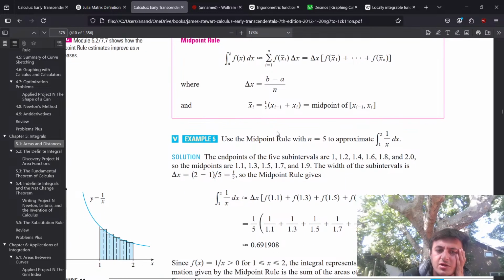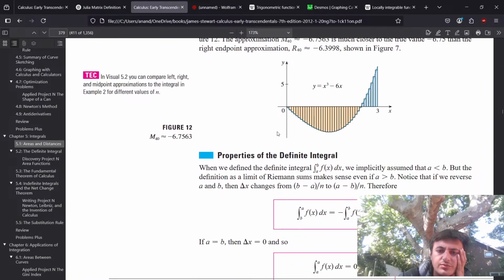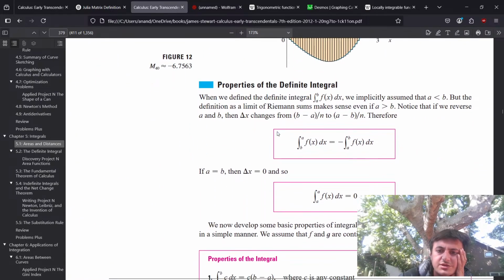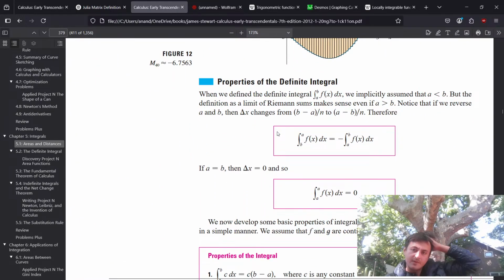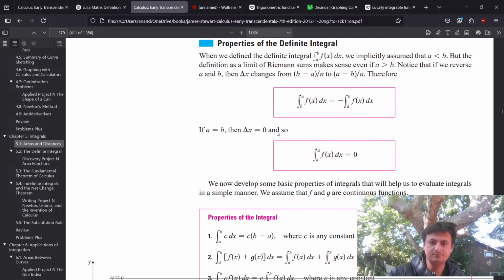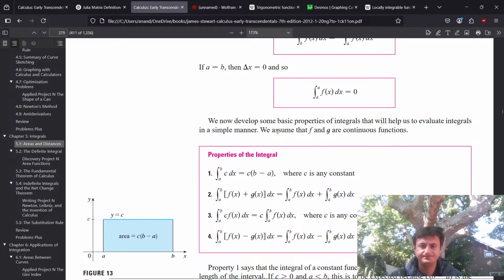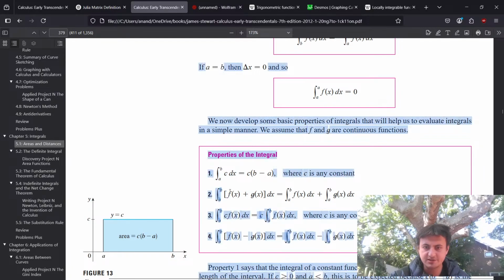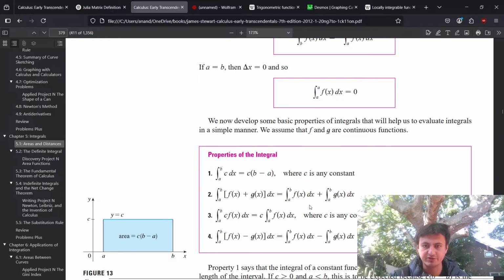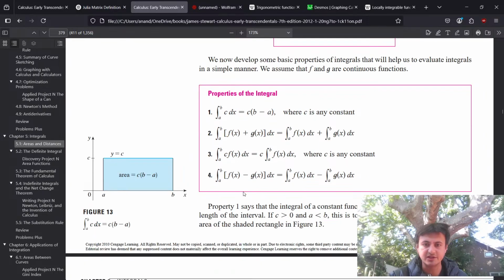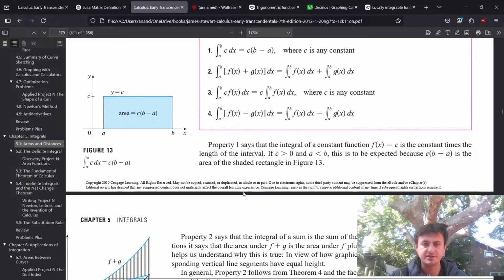This is more of a numerical thing. Okay, properties of the definite integral. That's cool. Linearity, this is cool. These 2 and 3 are actually really cool because it shows that the integration function is actually a linear transformation in some vector space.